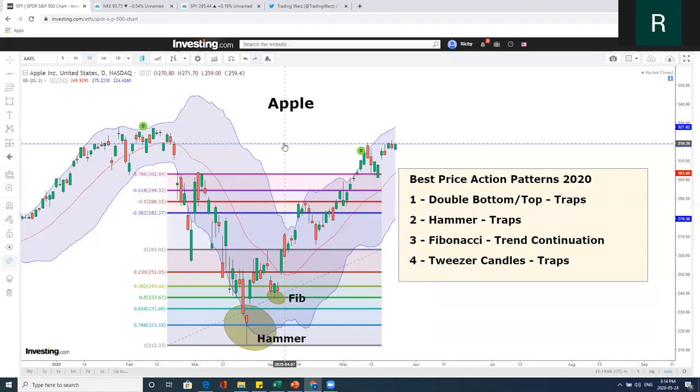So the next pattern that shows up here is the Fibonacci pattern. And this pattern is very advanced and it's sometimes complicated. But essentially, it is a continuation of a move, in the direction of an impulsive move. On Apple, we saw from the 23rd to the 31st of March a big push up, and for everyone that missed the hammer candle buy, their next opportunity would be on a pullback.